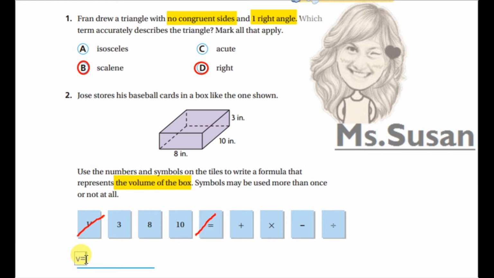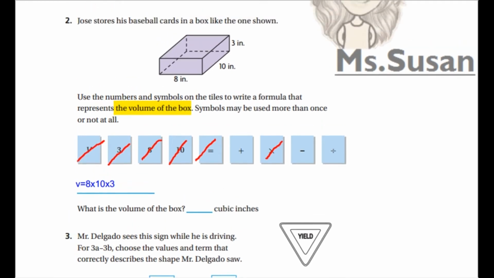V is equal to 8 times 10 times 3. So what is the volume of the box? Now he wants me to find the volume of the box in cubic inches, because the unit here is in inches, right? So let's multiply and see.